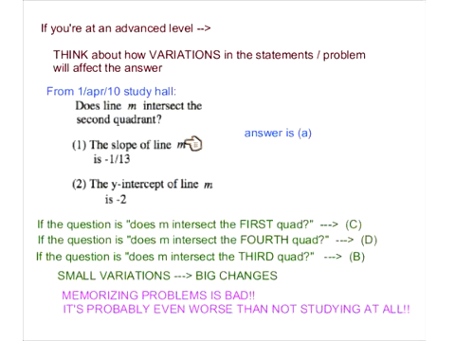If that's true, that's probably why you're getting nailed. They probably have small changes, and you're thinking of the old problem that you memorized when you're supposed to be thinking about the new problem. This is a very, very big deal. If you primarily learn by memorization, that has to stop right now. That's easy for me to say, hard for people to do, but it's got to happen. Otherwise, you won't find a lot of improvement.